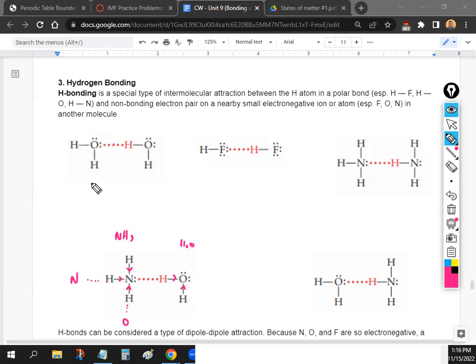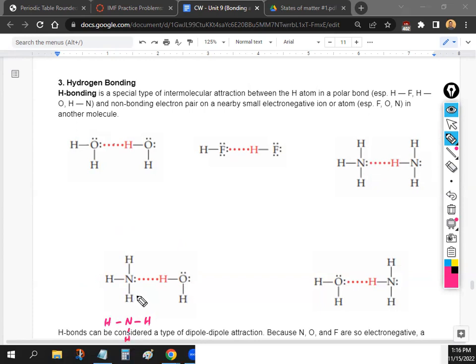Why is the N attracted to the hydrogen? Right here? Oh, down here? That's just an example to show that it would look like this.